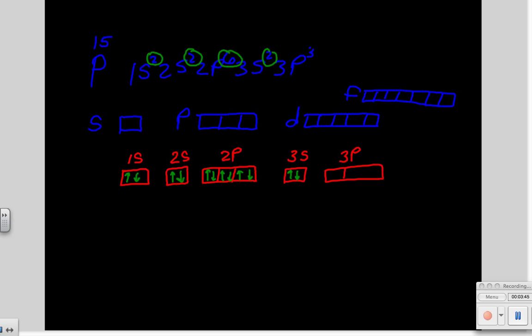Now something happens at this point, and it's called Hund's rule. Hund's rule states that when electrons fill a sublevel, they fill empty orbitals first. So these 3 electrons, I need to place this way, 1, 2, 3. They're all going to be spinning the same way.